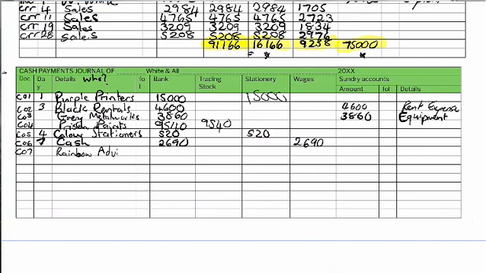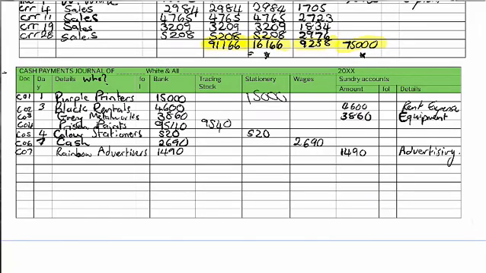Advert. 1,490. Now what? 100%. So there's no column for advertising. We go to sundry. The amount is 1,490. And what is our detail on advertising? Cool.